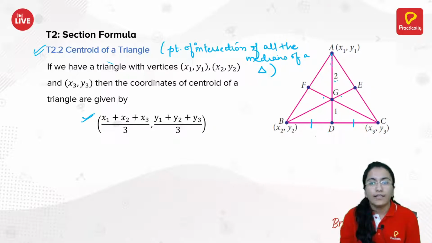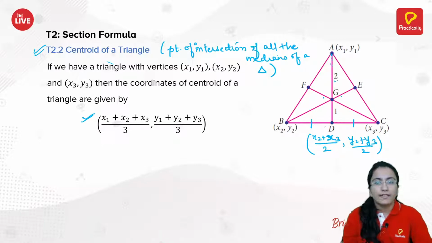That means point D will be x2 plus x3 divided by 2, comma y2 plus y3 divided by 2. This will be the coordinates of point D. Right, and now AD is divided by G in the ratio 2:1.